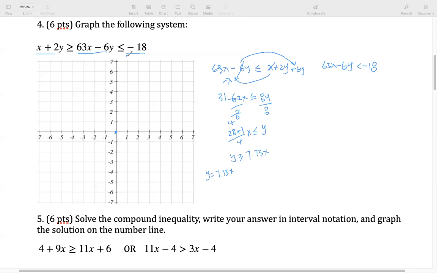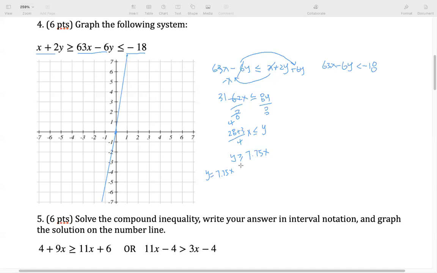Then I can graph this one. So let's use this one to graph this straight line. So I connect this point with this point. Right? Then I want to make this line longer. So that's this line. Because I have an equal sign, because you see the y greater than or equal to, so I draw solid.